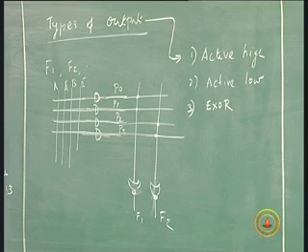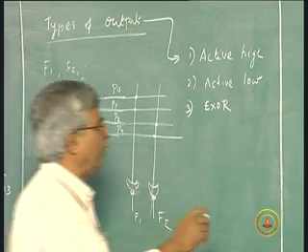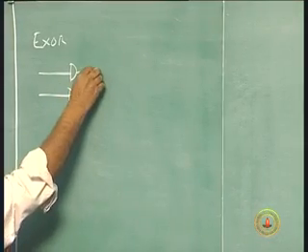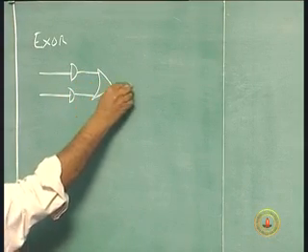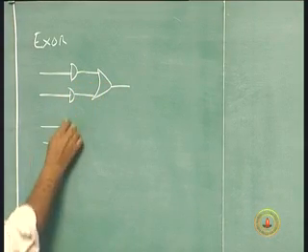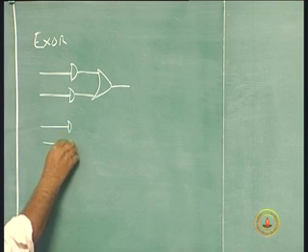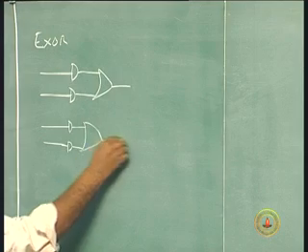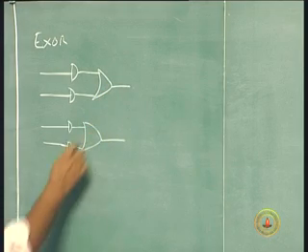I can have XOR output. What do you mean by XOR output is I can have groups of product terms. Normally this is what it is, and I can combine these two.